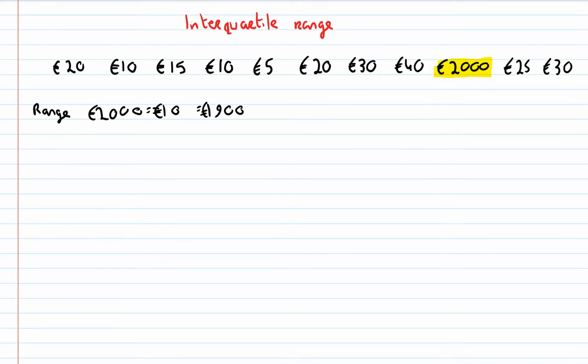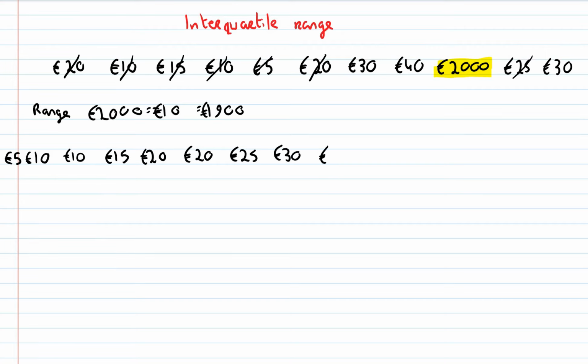So we have 10 euros, 10 euros, 15 euros, 20 euros, 20 euros, 25, 30, another 30, 40, and 2,000. That's 1, 2, 3, 4, 5, 6, 7, 8, 9, 10, 11.